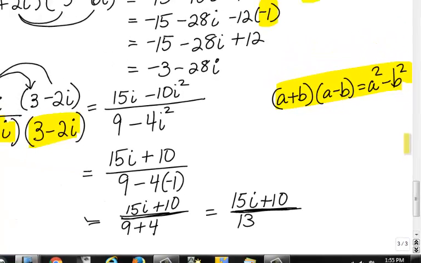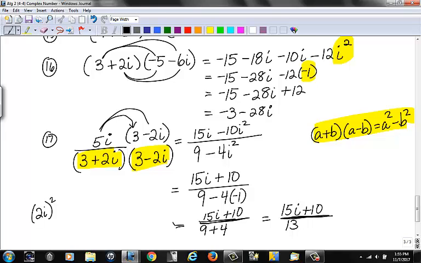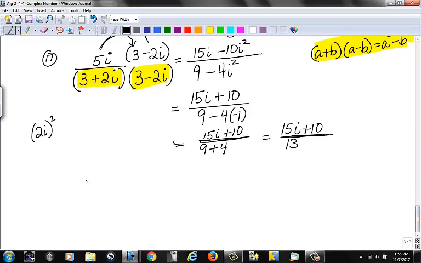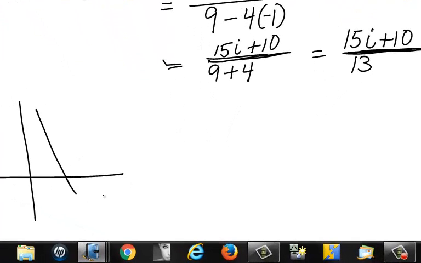Okay? So, if you go back, I want to take you back just for a minute. What we did last week, we solved quadratic equations. If you remember last week, when we solved quadratic equations by graphing, we said one of the possibilities is that it crosses twice. That's two real solutions.